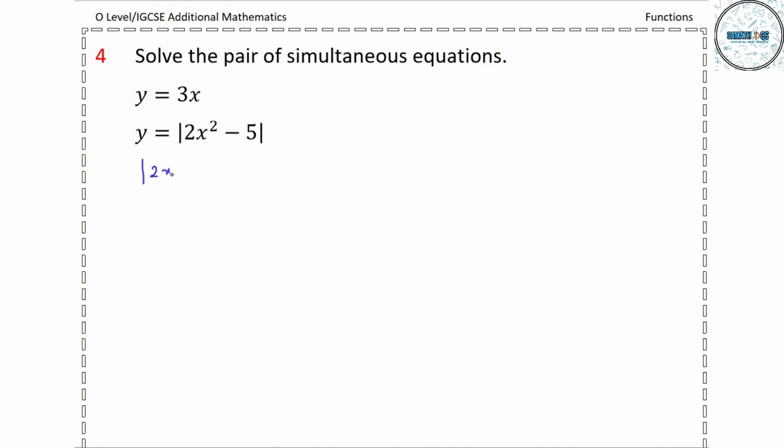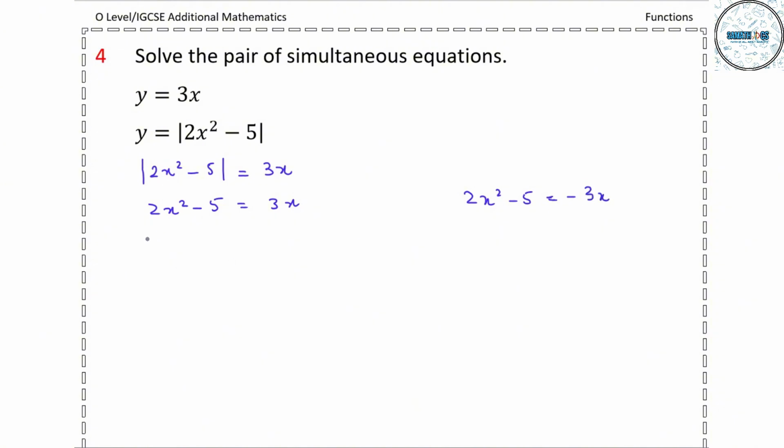So absolute of 2x squared minus 5 is equal to 3x. Now one time we will write 2x squared minus 5 is equal to 3x. Another time we will write 2x squared minus 5 is equal to minus 3x.